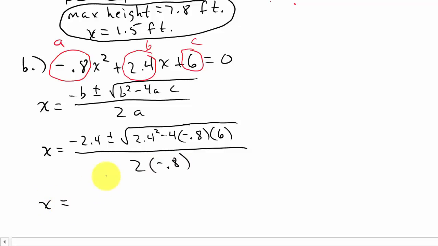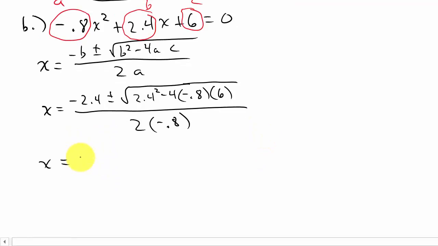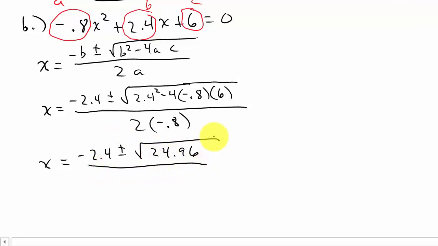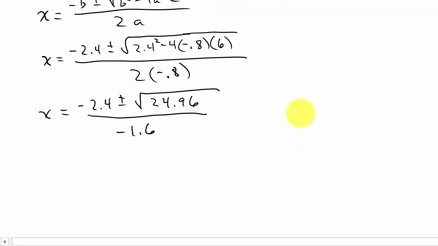Alright, so we'll need to put this into our calculator. We get negative 2.4 plus or minus the square root, and after punching this into our calculator, we get 24.96 over 2 times negative 0.8, which is negative 1.6.